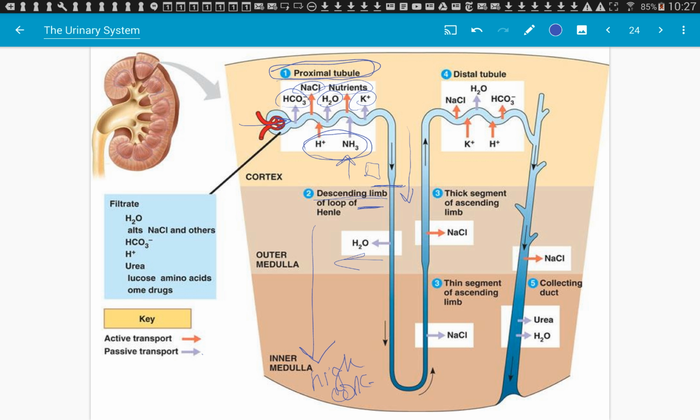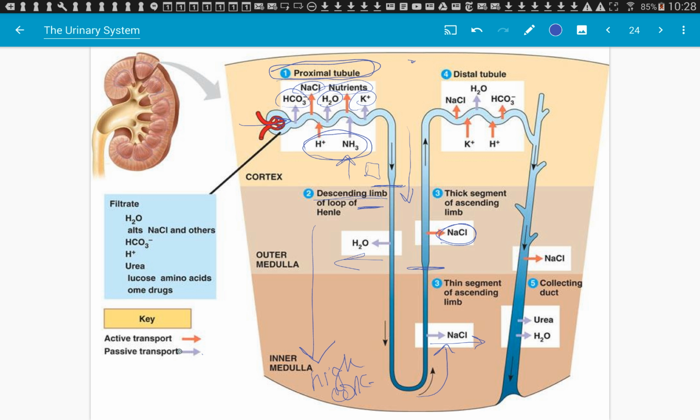It's because you actually have a concentration gradient set up in your kidney. Highest concentration is the inner medulla. Lowest concentration is up there in the cortex. Okay, so then as you travel and start going up the ascending loop of Henle, you have sodium chloride being diffused out. And then when you get to the portion of the ascending loop of Henle where the walls get thicker again, back to the simple cuboidal epithelium, then you're still pumping out sodium.